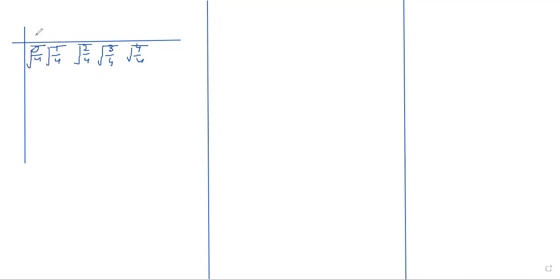This will become 0. This will become 1 over 2, because the square root of 4 is 2. This will become 1 over 2 root 2. This will become root 3 over 2. And this will become 1. I'll tell you that it's very easy to make.